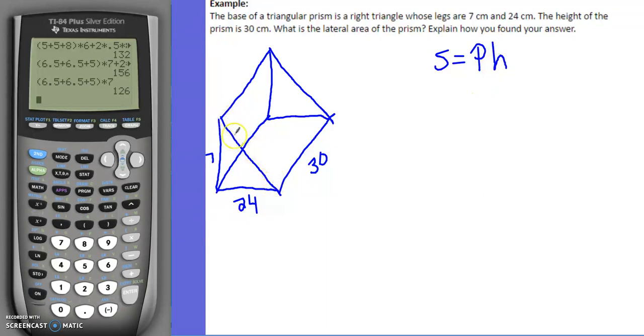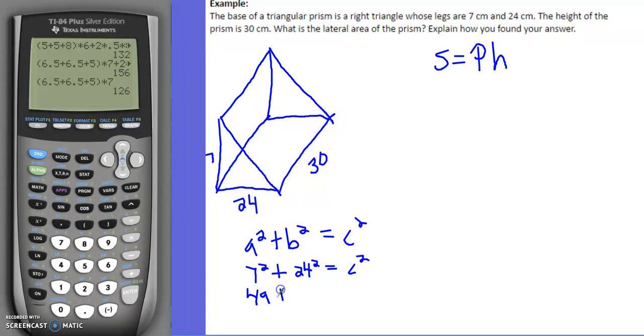We don't know the distance from here to here, but there is something that we learned which is called the Pythagorean theorem, which is a squared plus b squared equals c squared. So 7 squared plus 24 squared equals c squared. So 7 squared is 49. 24 squared is 576.